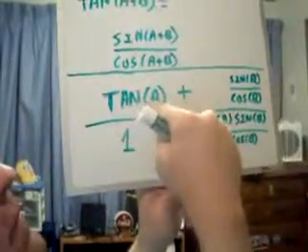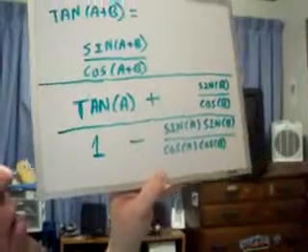So the sine of A divided by the cosine of A becomes the tangent of A. So we can change this first term right here, and that's exactly what we're going to do, into the tangent of A. So now we've got the tangent of A right there.